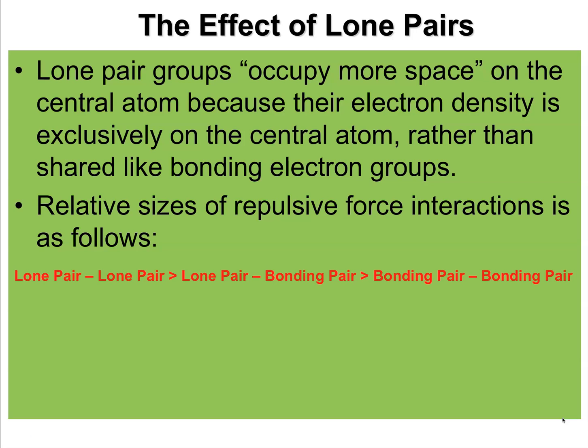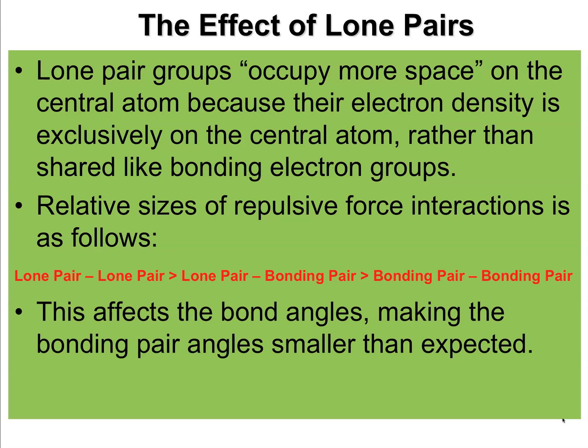These three different ways that repulsion can occur, dealing with lone pairs and bonded pairs, play the role in creating other shapes that exist. And as we saw earlier, it's going to affect the bond angles. It's going to make them smaller than expected. Now, again, our bond angle is based on bonded atoms only. Any questions on this? Okay.